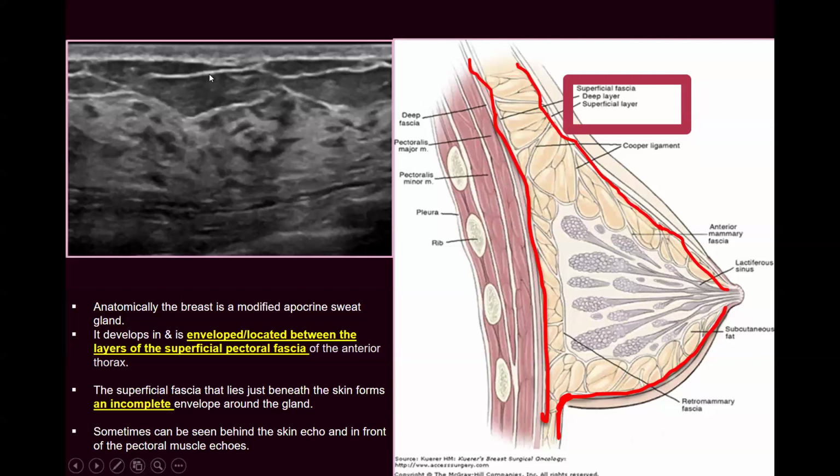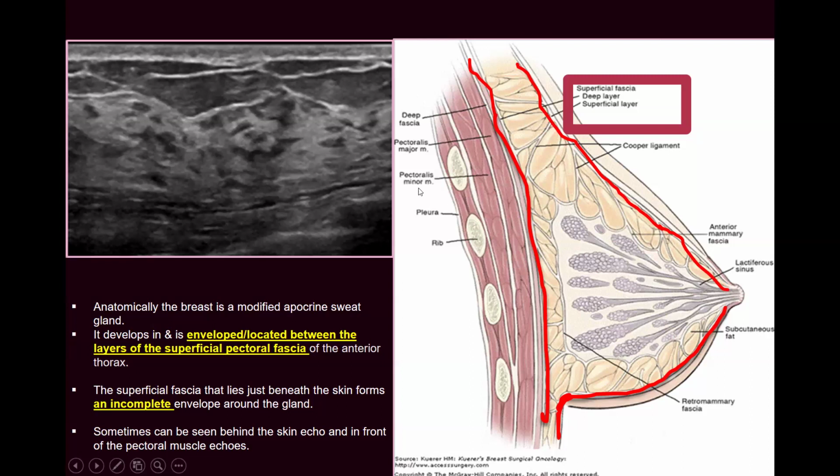Usually we see it on ultrasound as part of the compact stroma, that is why it is hyperechogenic or hyperechoic. We see it as a thin hyperechoic band just underneath the skin, but you could not see it at the level of the nipple areolar complex. It is missing in this region.